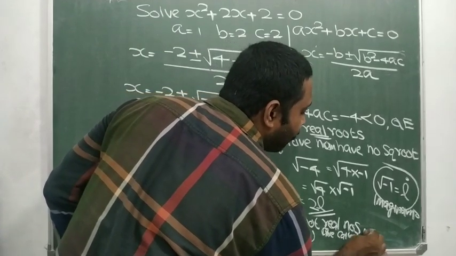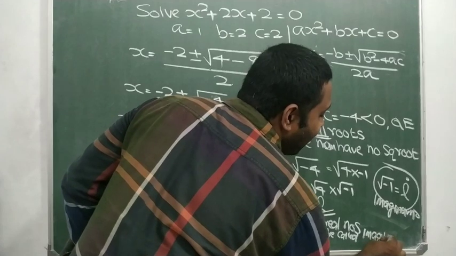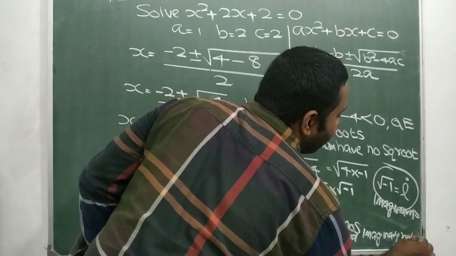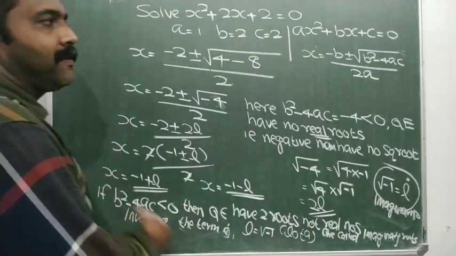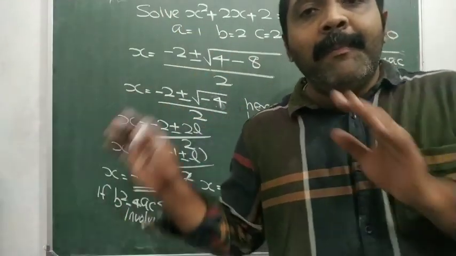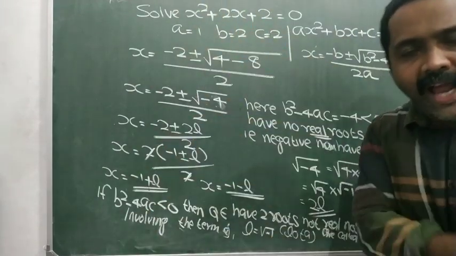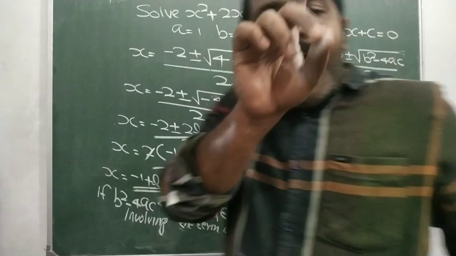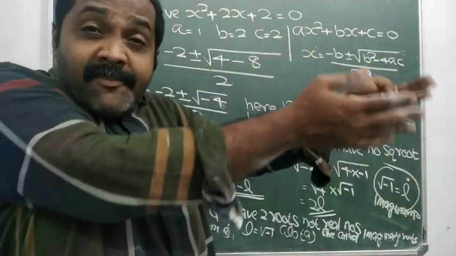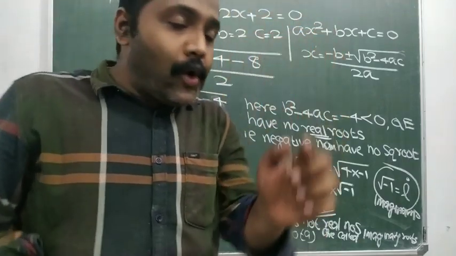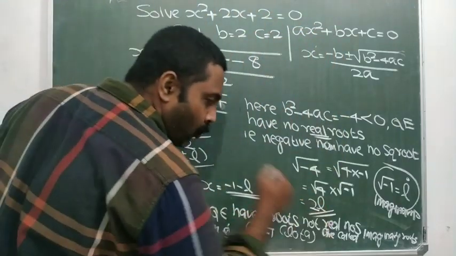These are called imaginary roots. Imaginary roots. So what have we concluded here? While solving a quadratic equation, if the value of the discriminant is less than 0, then the quadratic equation has two roots.